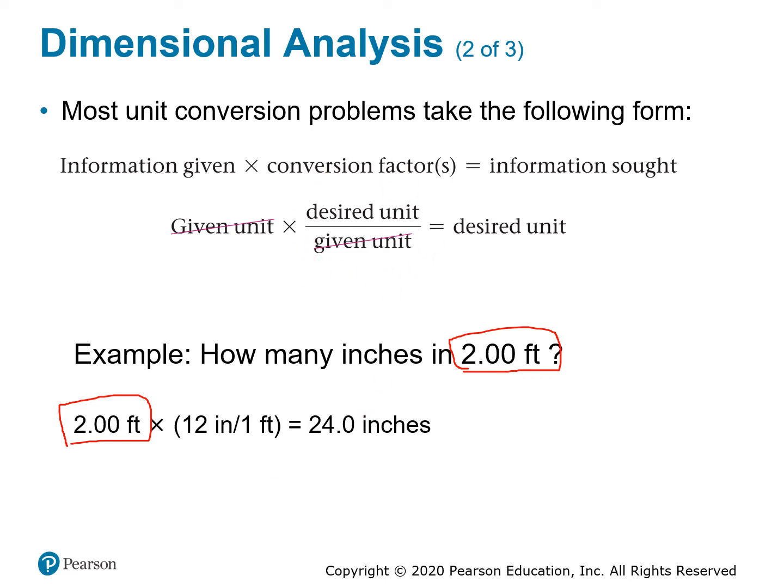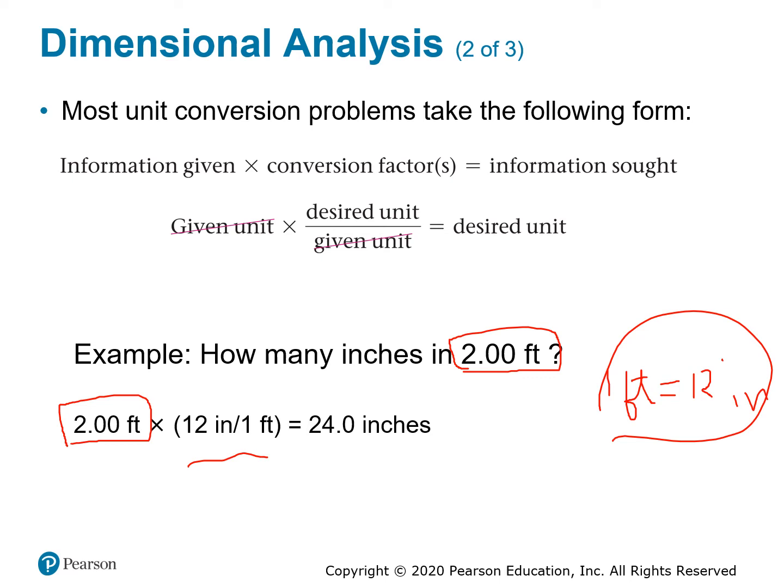What is the conversion factor here? I know that 1 foot has 12 inches. So my equality here is 1 foot equals 12 inches. Now I'm going to express that as a fraction.